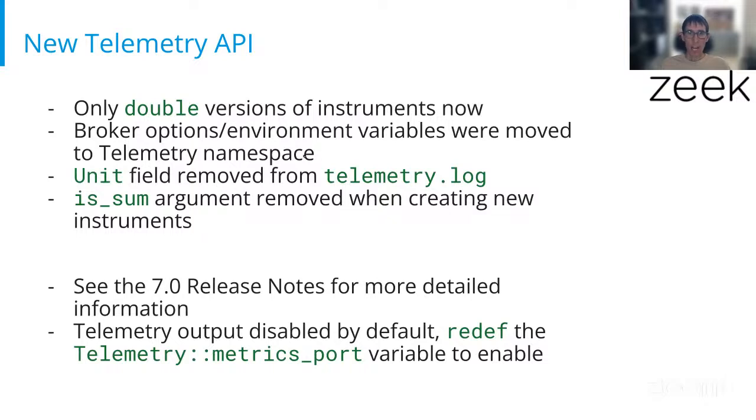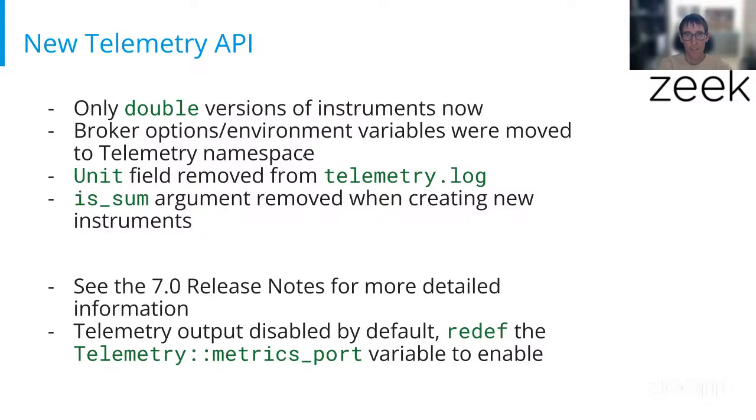And then the is_sum argument was removed when creating new instruments. The is_sum argument was always sort of weird because the only telemetry instrument that is actually a sum is a counter. Everything else, a gauge and a histogram, aren't sums ever. So when we were looking at the existing API, it didn't make sense to ever turn that to true for those instruments, and you would never turn it to false for counters.